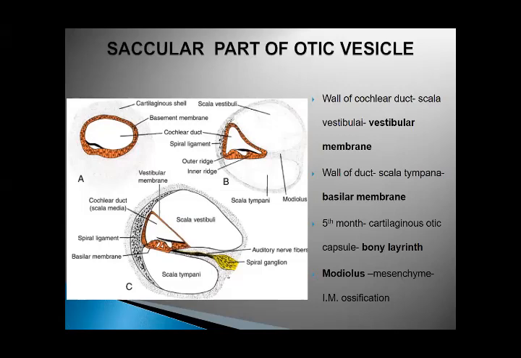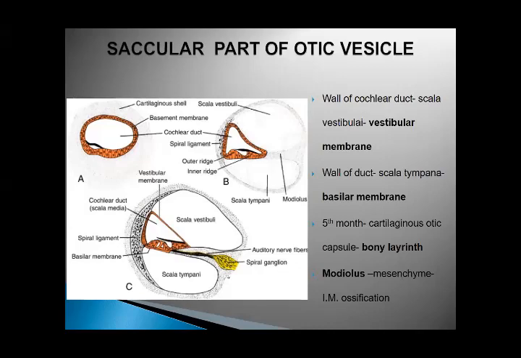And the wall of the cochlear duct which is lying between the scala tympani and the cochlear duct, ये वाली wall between the cochlear duct and scala tympani, this develops into basilar membrane. ठीक है?